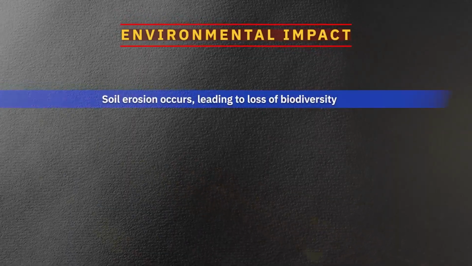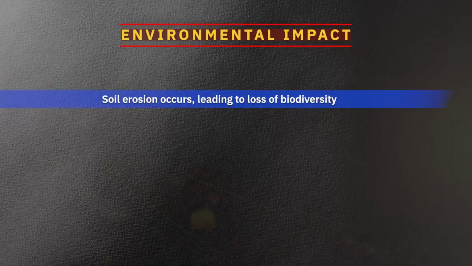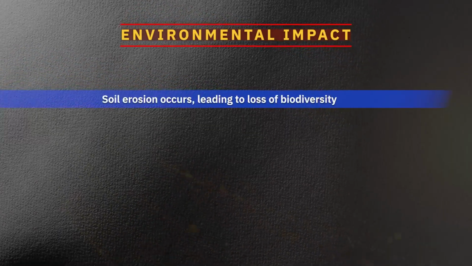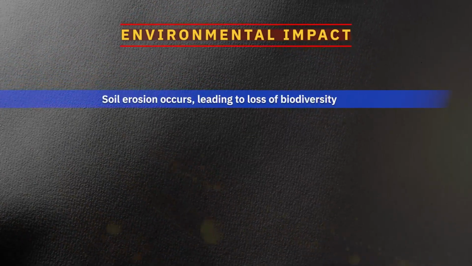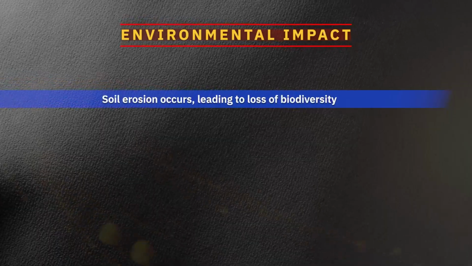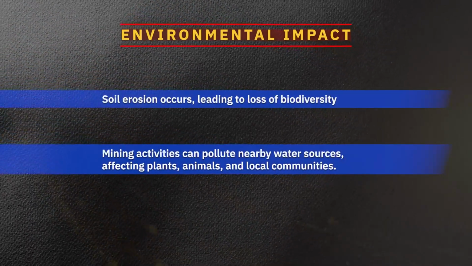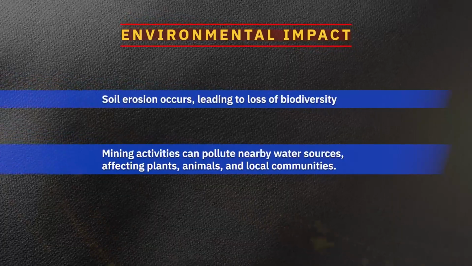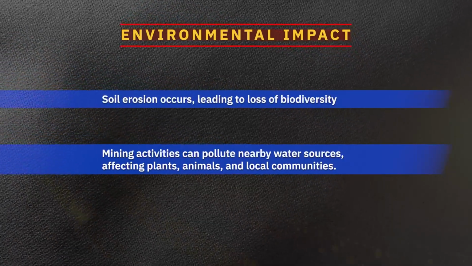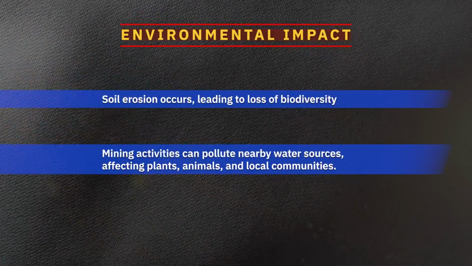Next, as a result of mica mining, soil erosion occurs, and for that reason it also leads to the loss of biodiversity as well. This mining activity can pollute the nearby water sources like rivers, ponds, lakes and any type of water bodies.